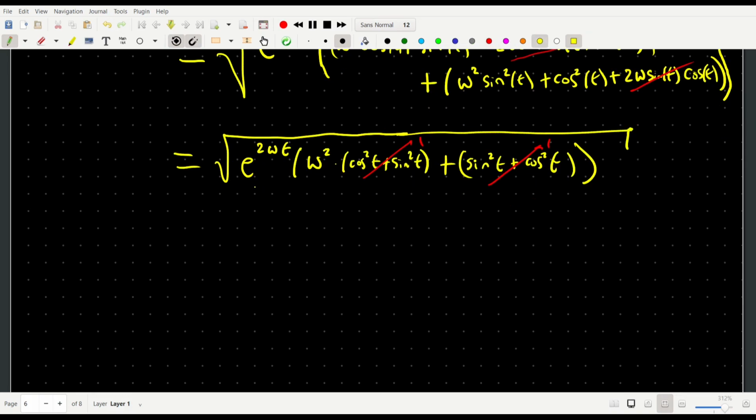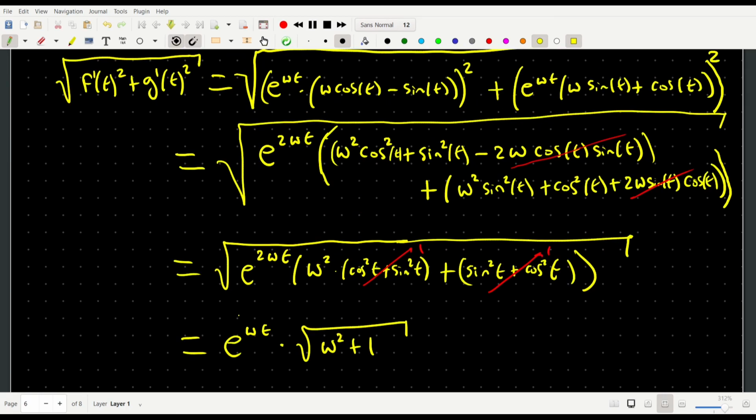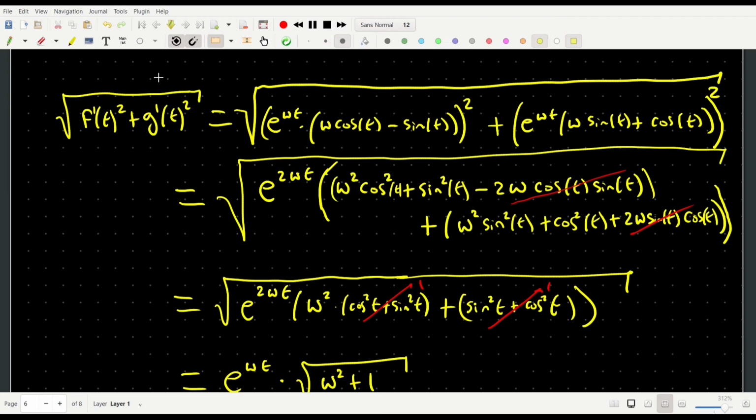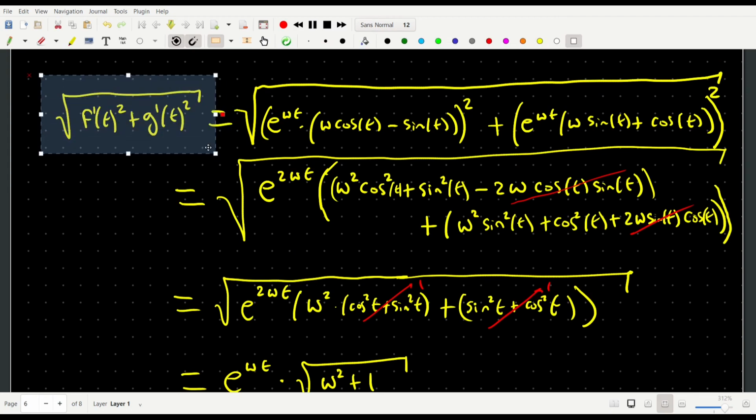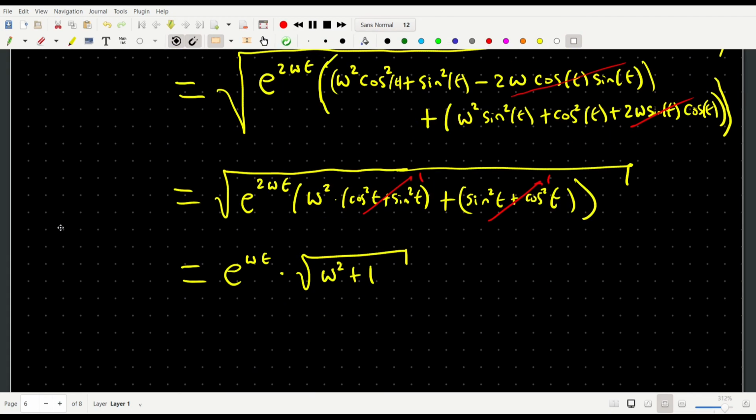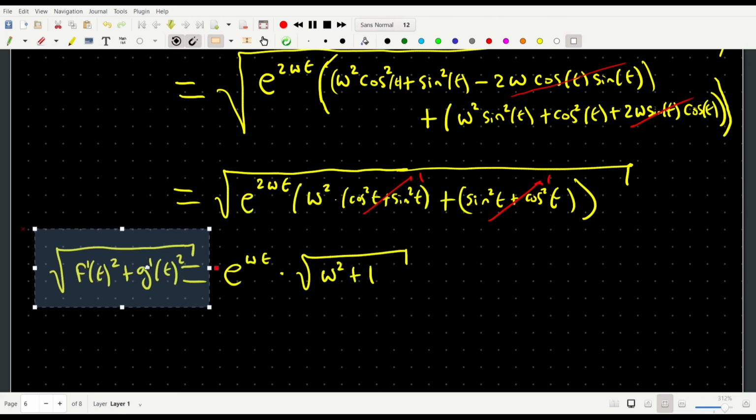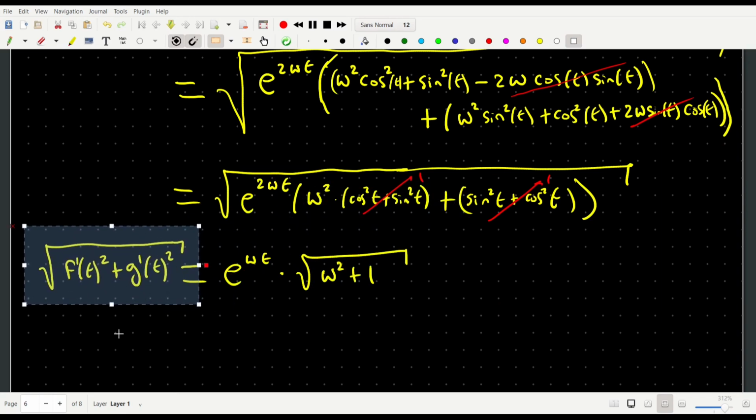And the square root of e to the 2 times omega times t is the same thing as e to the omega times t. So really, we have a very nice simplification for the square root of f prime of t squared plus g prime of t squared.